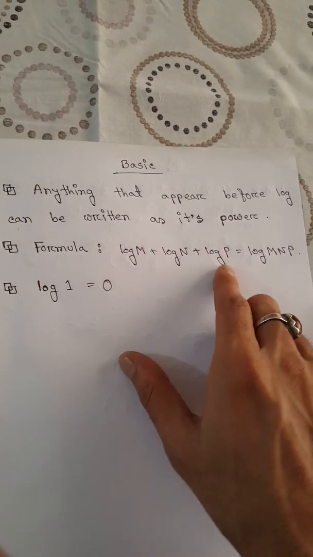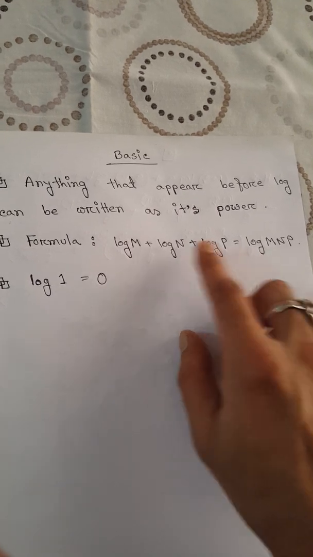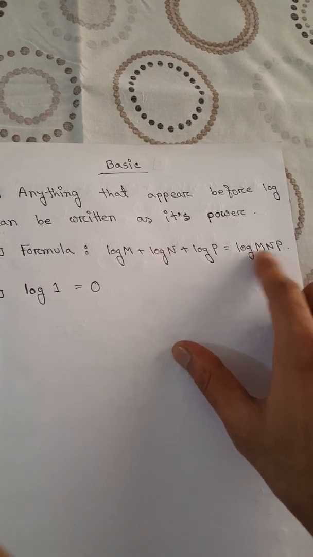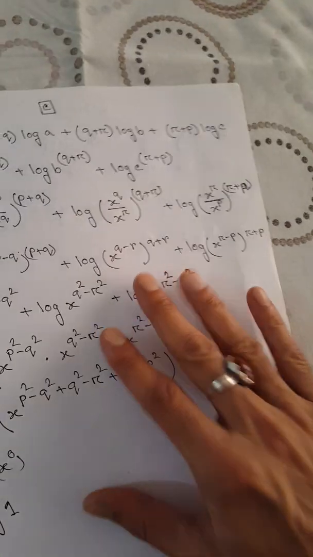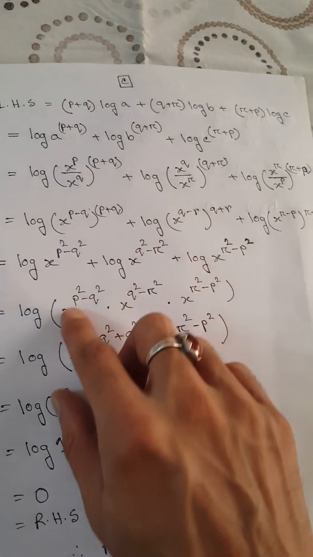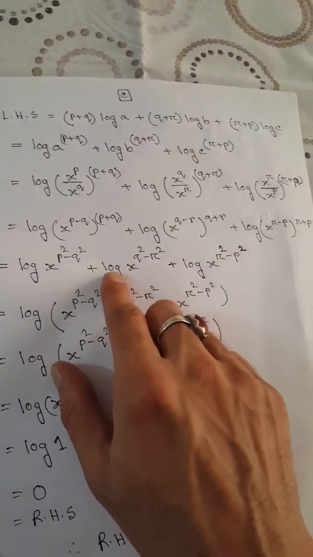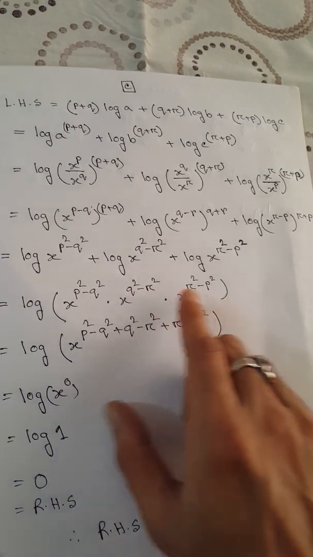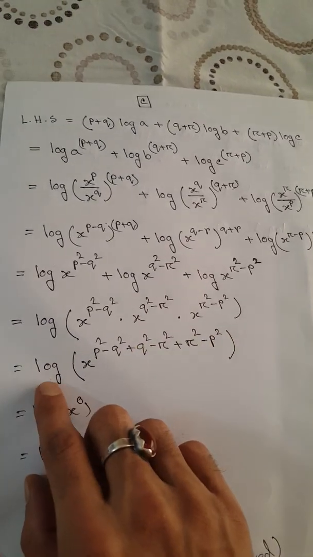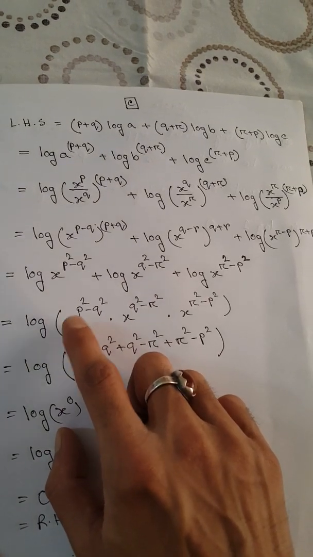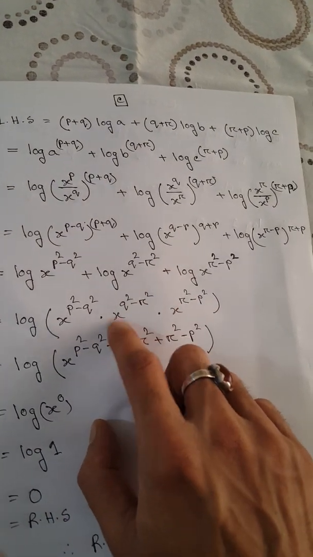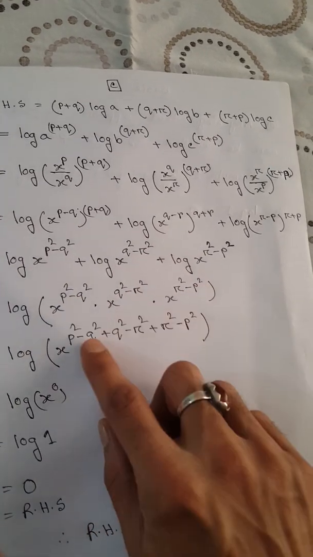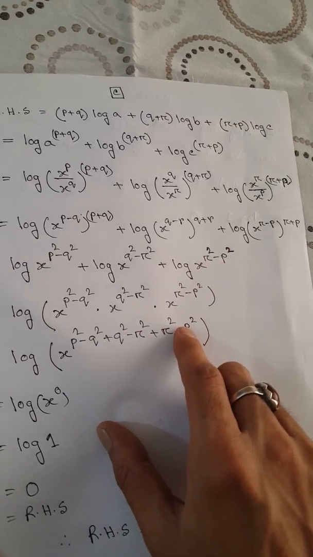So these three logs will become only one log, and the numbers m, n and p will be multiplied. We apply the same rules here. Log there is the same base x, x and x, and they have a multiplication sign, so we can write only one base and the powers will be added, this plus this and this.